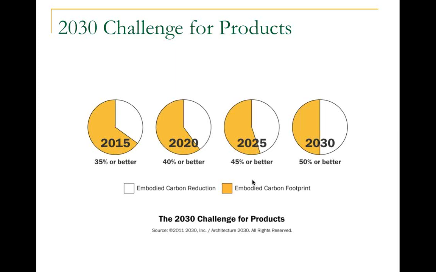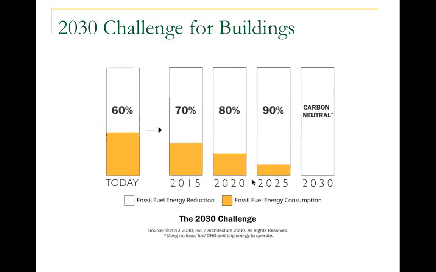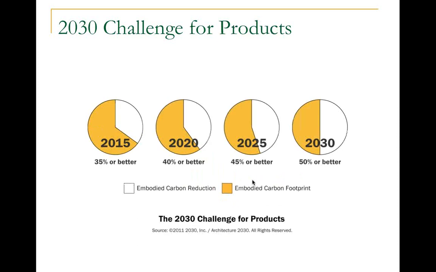Because of that, we also see an increase in the importance of the embodied carbon footprint of the materials. As the building's energy use is being reduced, which is the primary driver for reducing the carbon footprint, and as that energy use approaches essentially zero, the carbon footprint of the non-operational phase, which is the embodied carbon, starts to grow. So the 2030 Challenge said, how about a 2030 Challenge for products, to get products to reduce their carbon footprint?